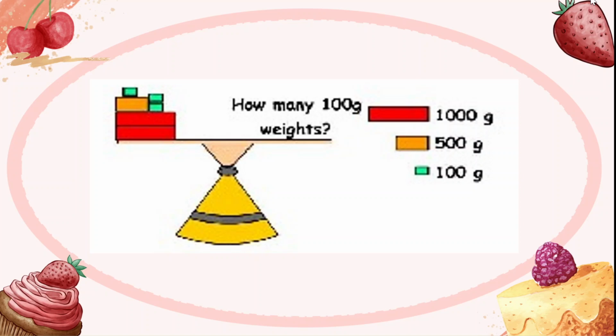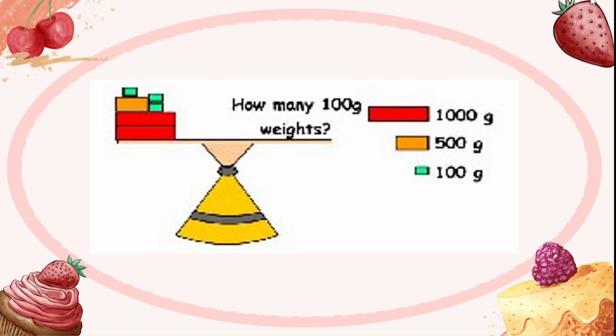Next, look at this picture. To answer the following questions, you must kindly note down these pictures very carefully. So there are 3 different boxes: the red box, the yellow box and the green box. The red box contains 1000 grams, yellow box contains 500 grams and the green box contains 100 grams.